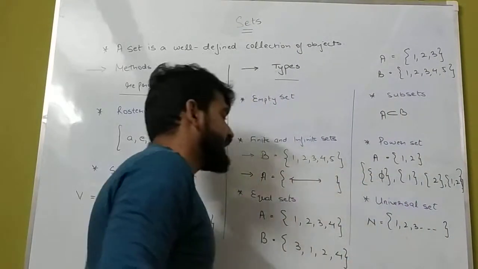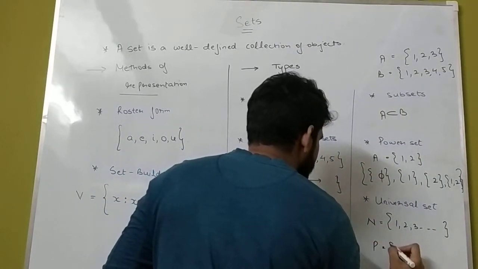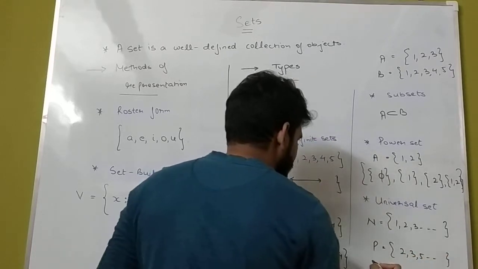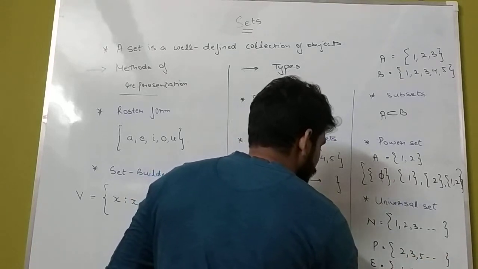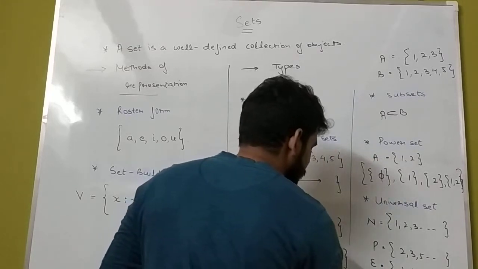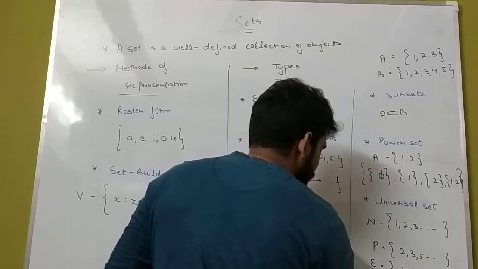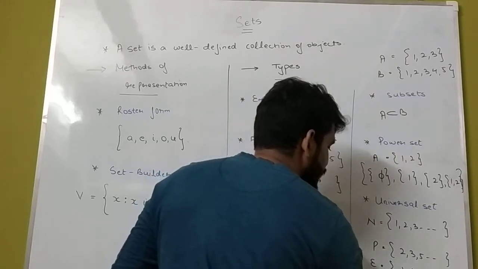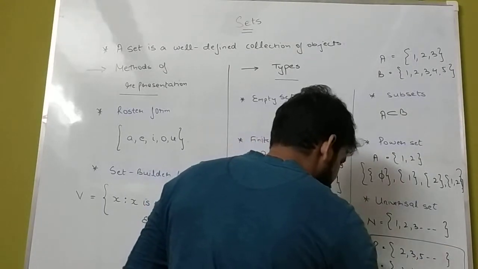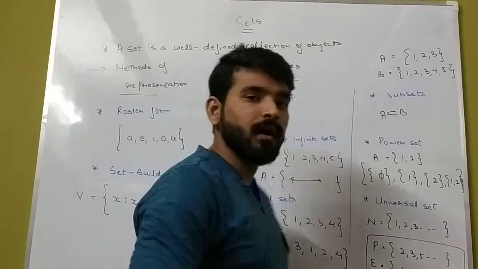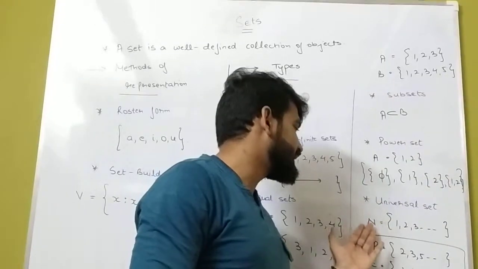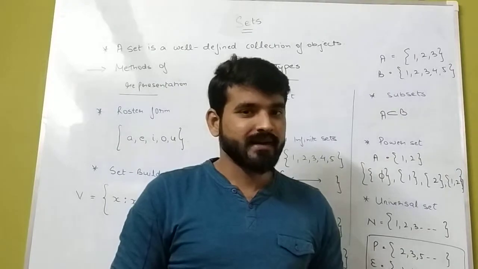The set of prime numbers can be 2, 3, 5 up till infinity. Even numbers 2, 4, 6, 8, infinite. Odd numbers 1, 3, 5, again up to infinite. Now all these sets are a part of a particular set, that is the set of the natural numbers. So we can say that N is the universal set in this case.